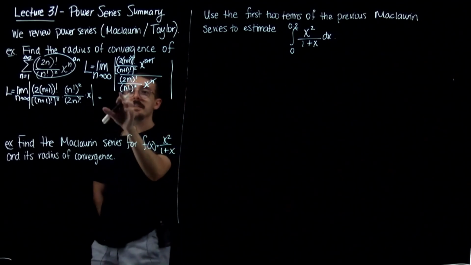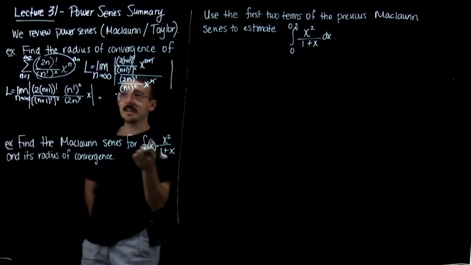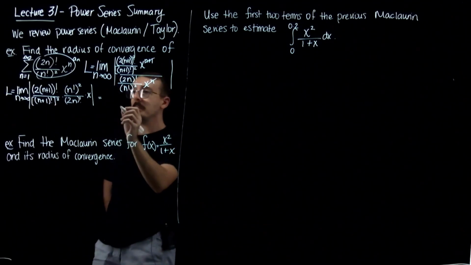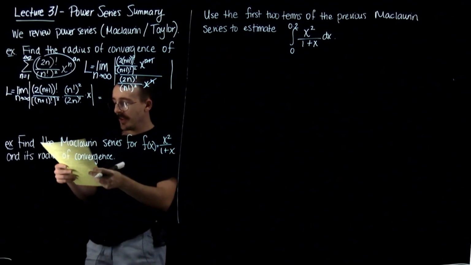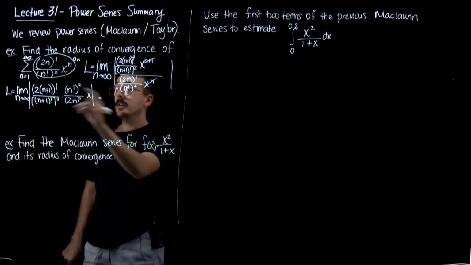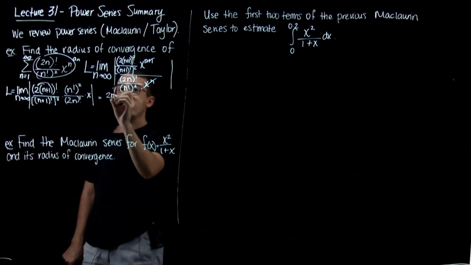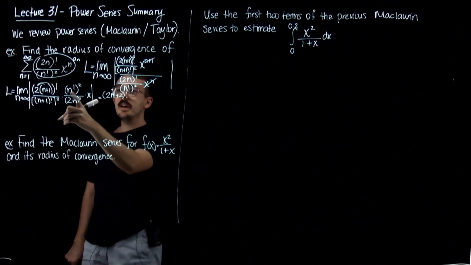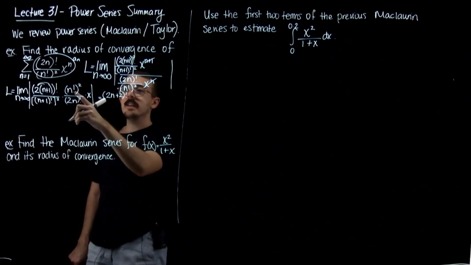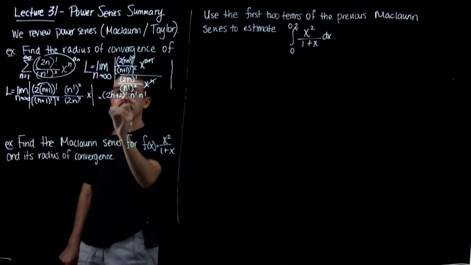All right, so I'm going to do my next step down here. I'm hoping to break things apart so things simplify. So first, I'm going to distribute this 2, and I'm going to have (2n plus 2) factorial. And then I have here, instead of n factorial squared, n factorial times n factorial.